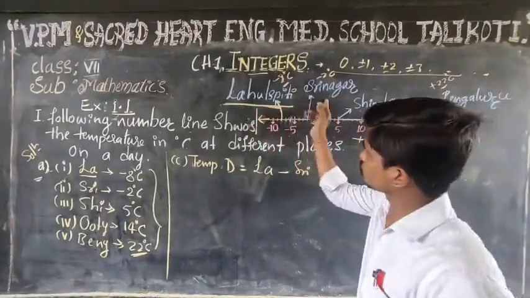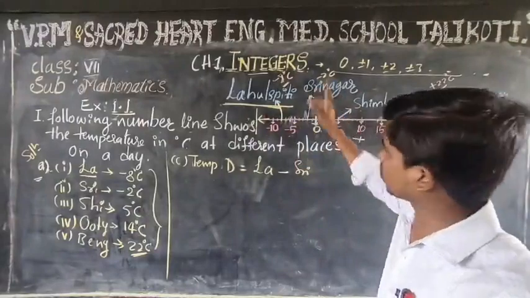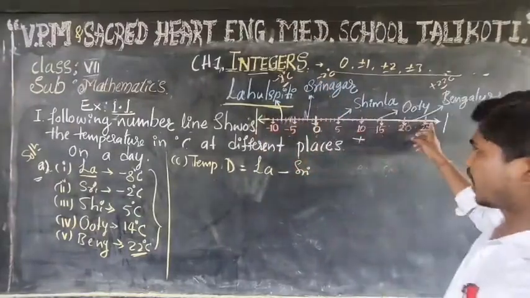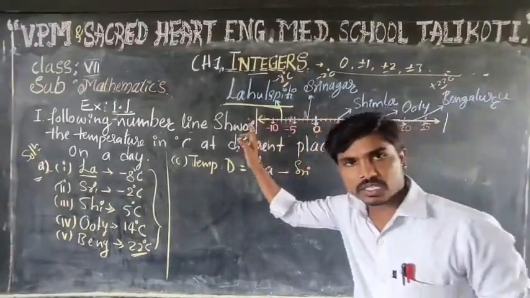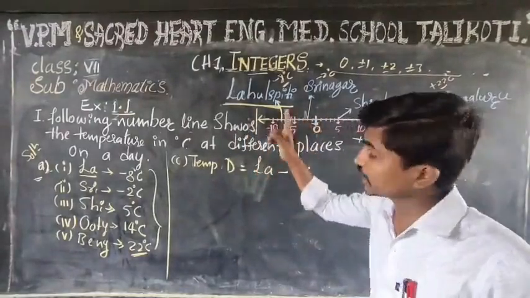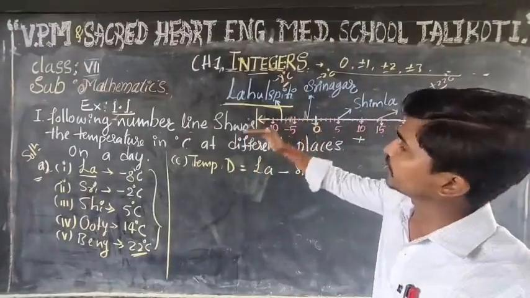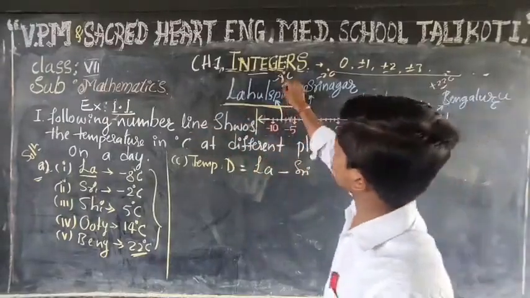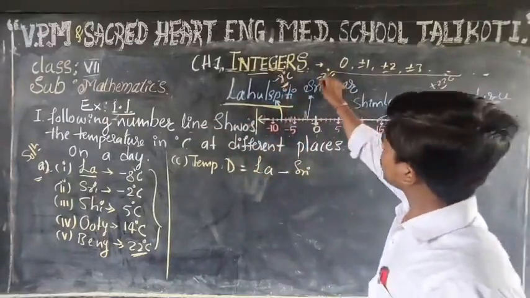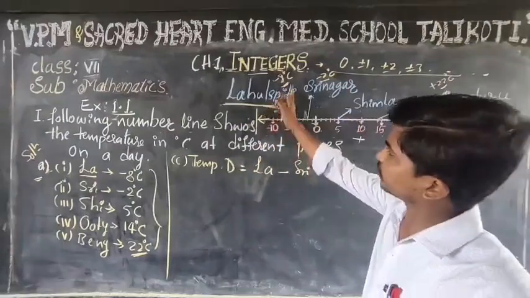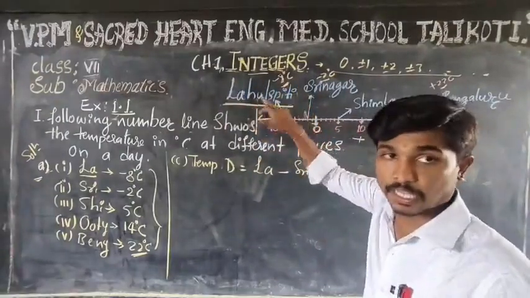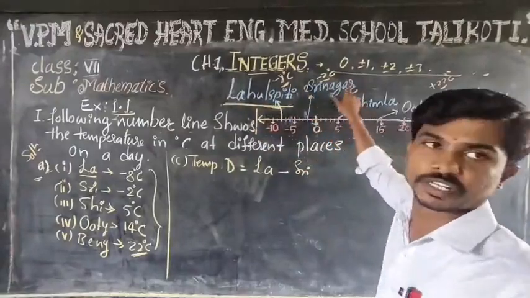In these two, Srinagar is the larger one because on a number line, as we move away from the 0 on the negative side, the value decreases. That's why this is a smaller one, this is a larger one. Therefore, we are going to subtract the temperature of Lahaul Spiti from the temperature of Srinagar.